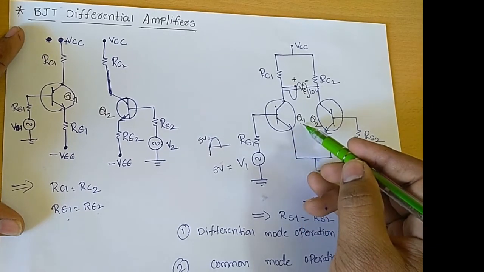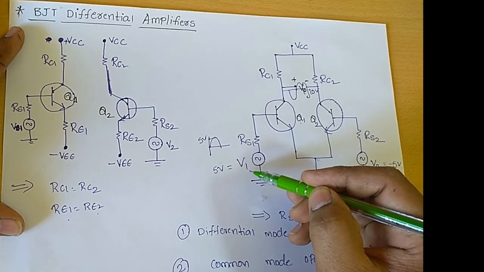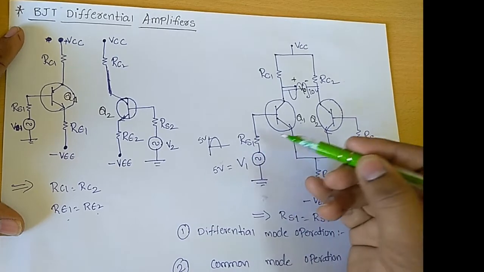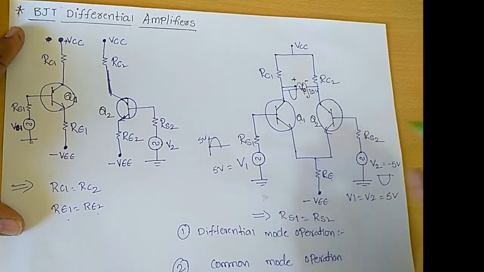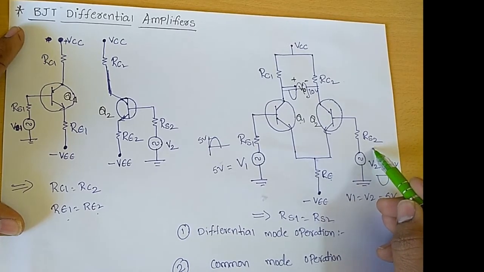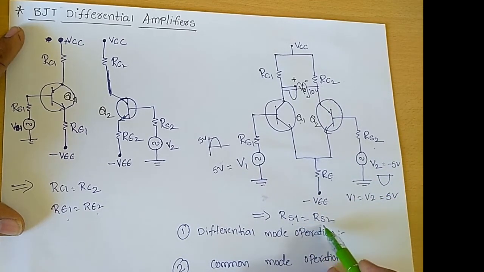For the Q1 transistor, the input voltage is V1, connected through the source resistance RS1. Similarly for the Q2 transistor, the input voltage is V2, connected through the source resistance RS2.